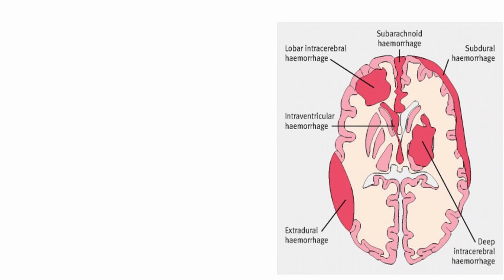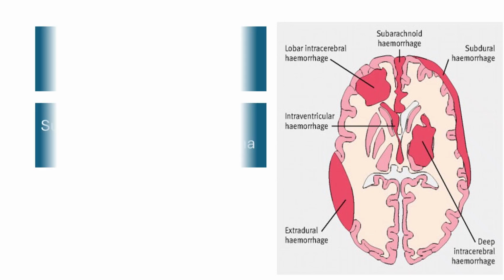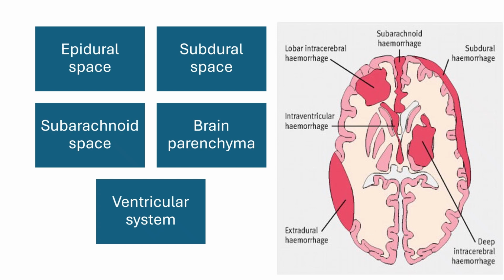Based on location, hemorrhage can be divided into epidural, subdural, subarachnoid, brain parenchyma or contusion, and ventricular system. A collection within the epidural space is called epidural hemorrhage or hematoma, as we can see in this image. This is the epidural hemorrhage.